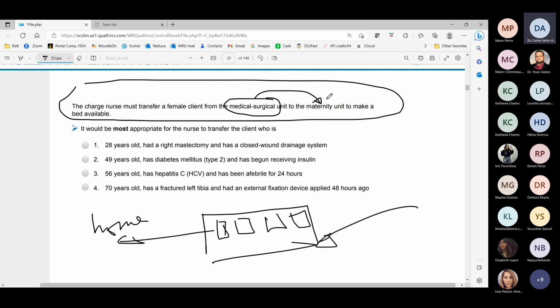So what is my understanding? The patient that could be transferred to OB to open a bed in med-surg should be a patient that an OB nurse can manage.